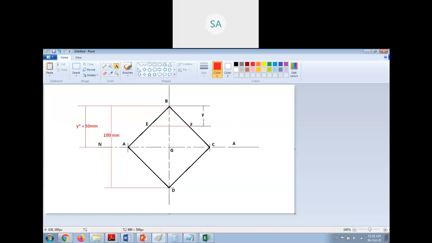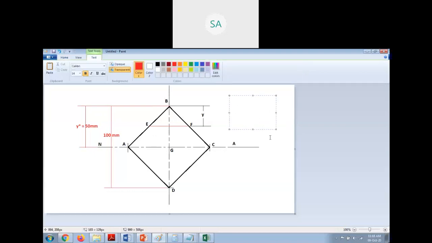So EF is equal to y into AC, which is actually the diagonal, so I'll call this width B, divided by y star.